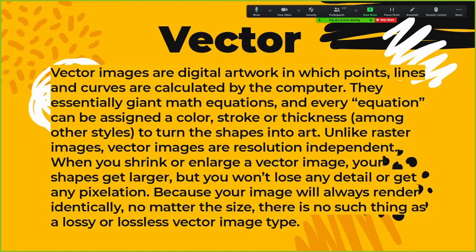Unlike raster images, vector images are resolution independent. When you shrink or enlarge a vector image, your shapes get larger, but you won't lose any detail or get any pixelation, because your image will always render identically no matter the size. There is no such thing as a lossy or lossless vector image type.